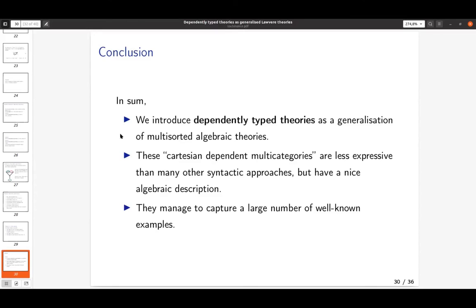And we see that we have a large number of well-known examples, and some people have actually taken the trouble to work out explicit syntactic definitions of these type theories. Like, I know that there are some definitions of the type theory of globular sets, the type theory of strict omega categories, of weak omega categories, and a couple others, and opetopic sets as well.